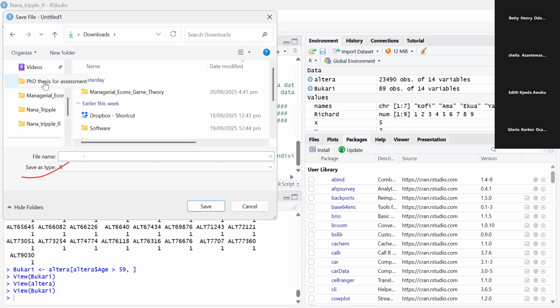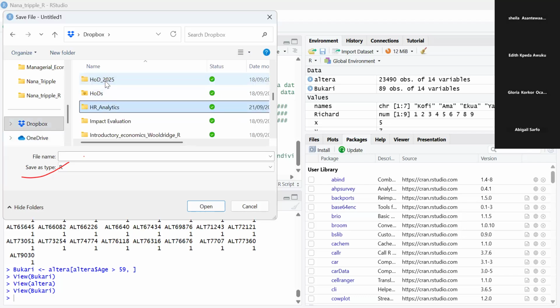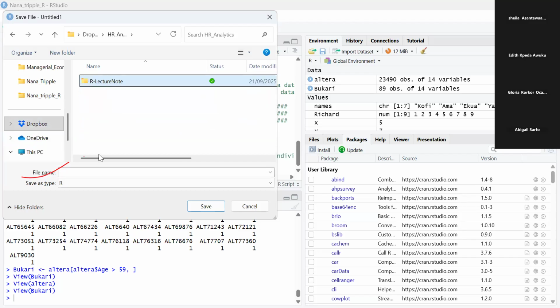Next week. Okay, let's get in touch on Tuesday. Just give me a call on Tuesday, and then we'll see how we move from there. So just get in touch.